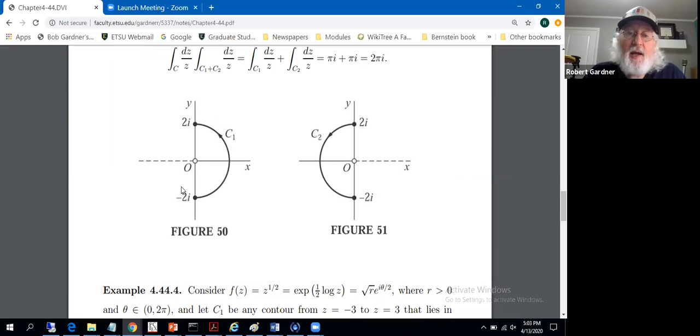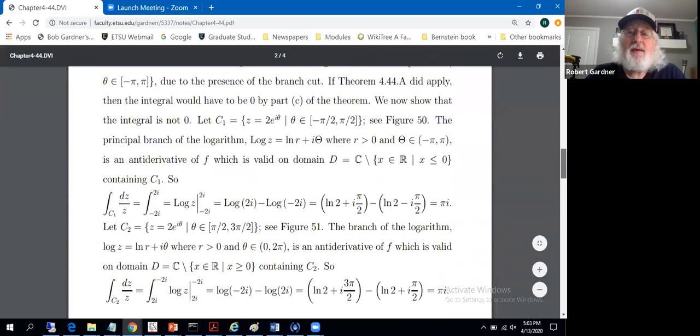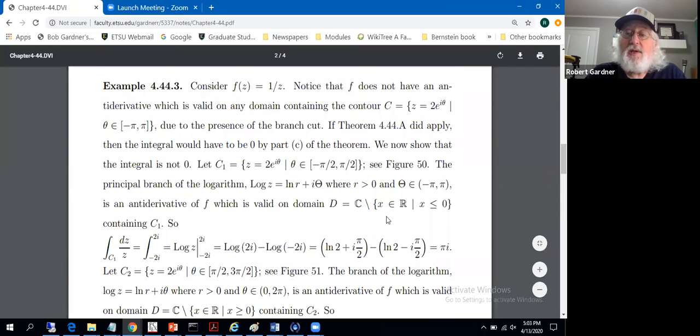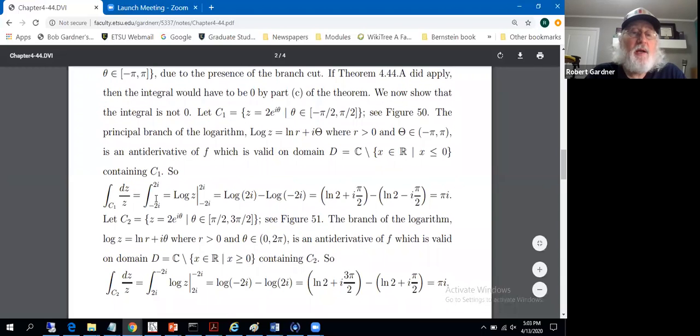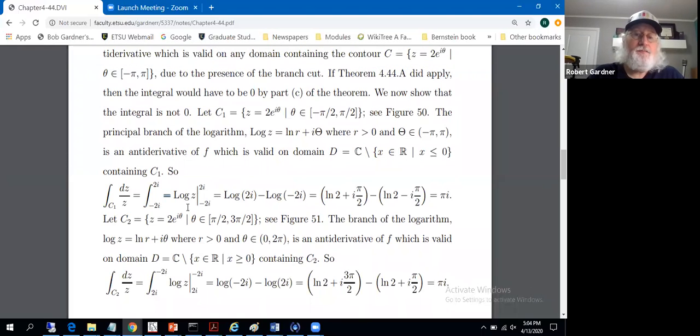With that domain, we've got an antiderivative of 1 over z. It's the principal branch of the logarithm. It's defined throughout domain D, and C sub 1 lies inside that domain. Okay, so this is the domain. On that domain, everything's fine. You want to integrate over C sub 1, 1 over z dz. You've got yourself, typo there, you've got yourself an antiderivative, the principal branch of the logarithm.